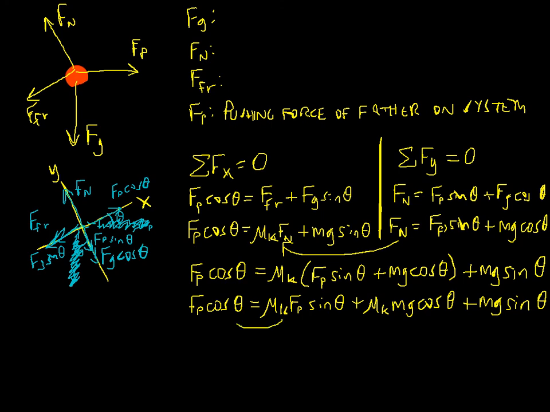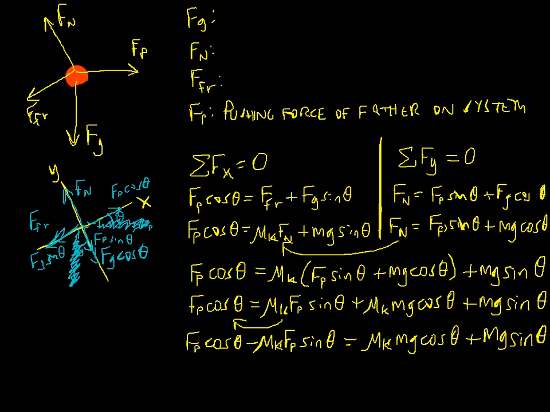So I'm just going to bring this term over to that side. So it's now Fp cosine theta minus mu k Fp sine of theta equals mu k mg cosine of theta plus mg sine of theta.